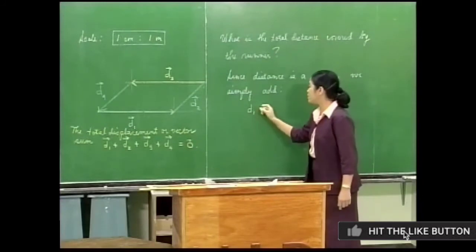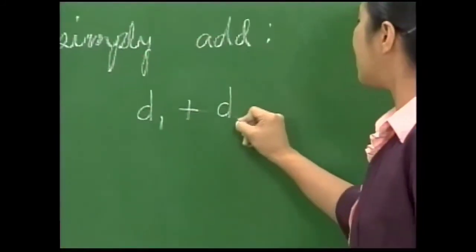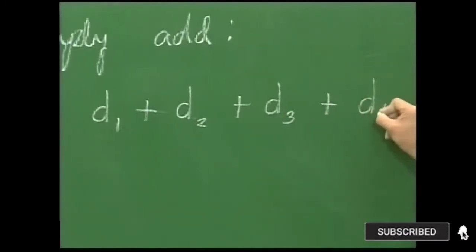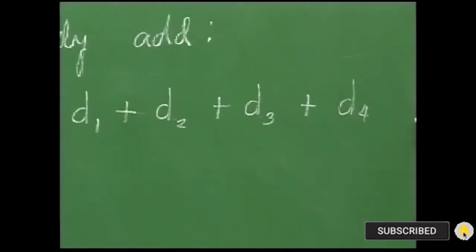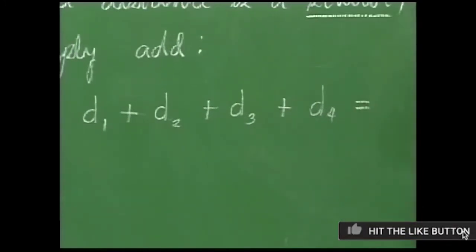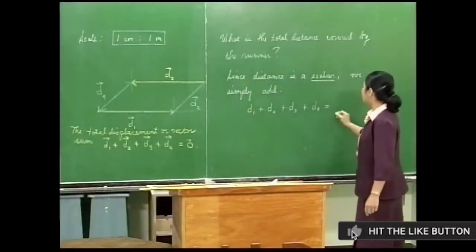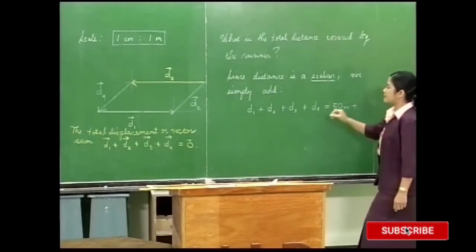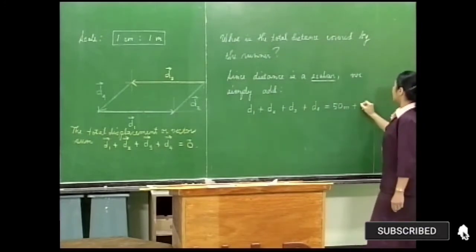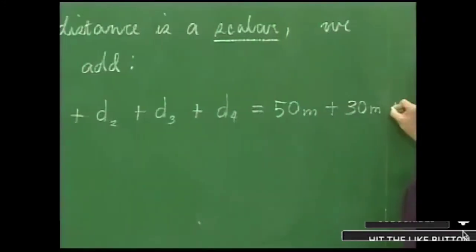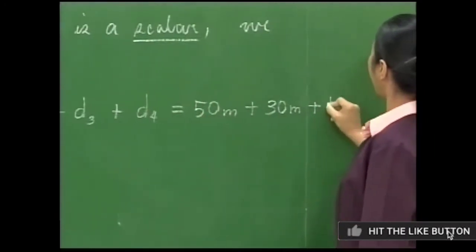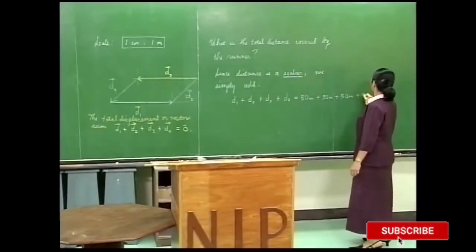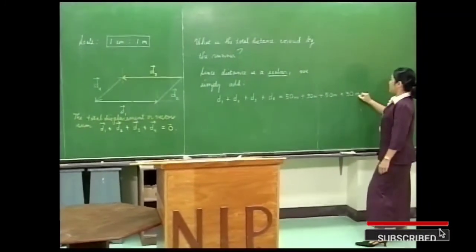So be very careful, without the arrow, plus d2 plus d3 plus d4. Substituting just the magnitudes, this is 50 meters plus 30 meters plus 50 meters plus 30 meters.